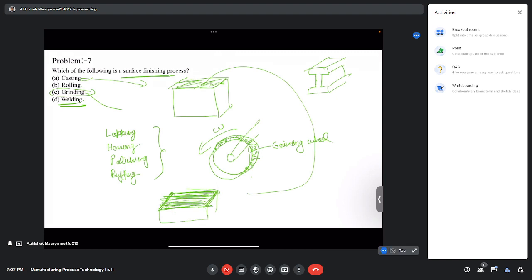Initially we have iron ore. Typically it looks like soil. So what we do, this iron ore goes in the steel industry, and there inside the blast furnace we try to extract the iron.